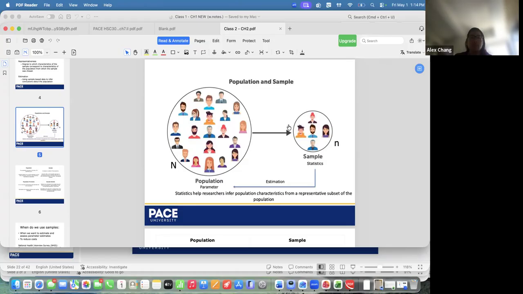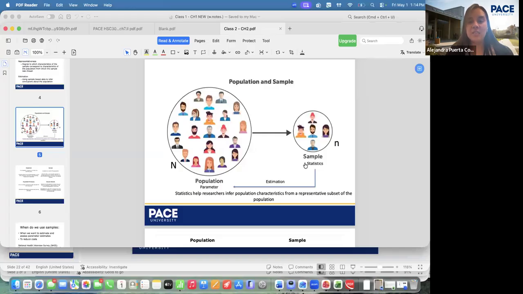Sample. Sample is the people that we choose, right, from the population. And then we're going to do statistics. We're going to calculate statistics on that sample. And then we're going to use that information from the sample to generalize on the population. What is that process called? Parameter.